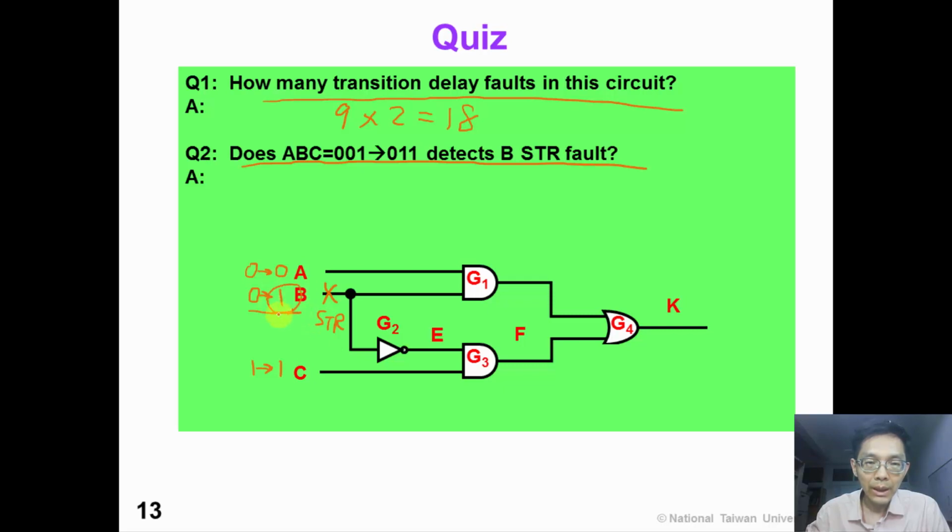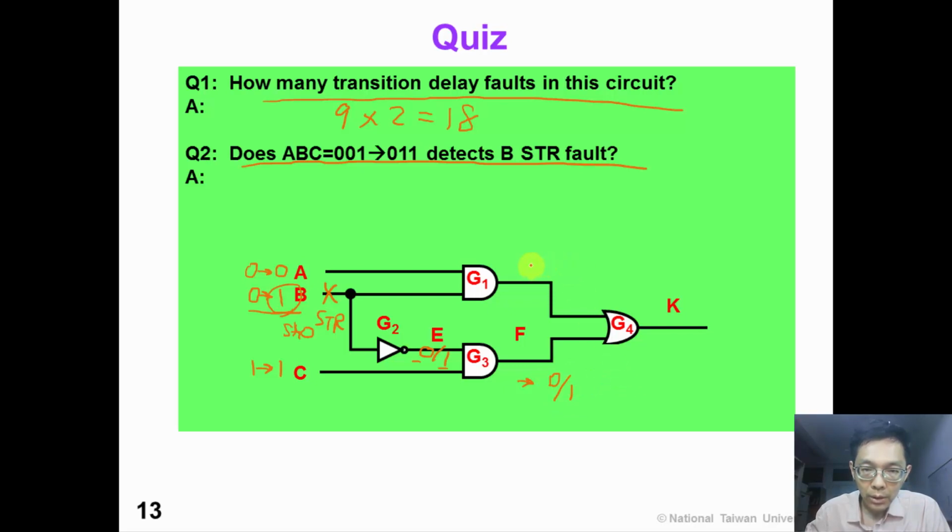And in the second pattern, we want to detect a stuck-at-0 on B. After the inversion, the value is 0/1, which means the good value is 0 and the faulty value is 1. After the AND gate, the output should be 0/1 in the second pattern.